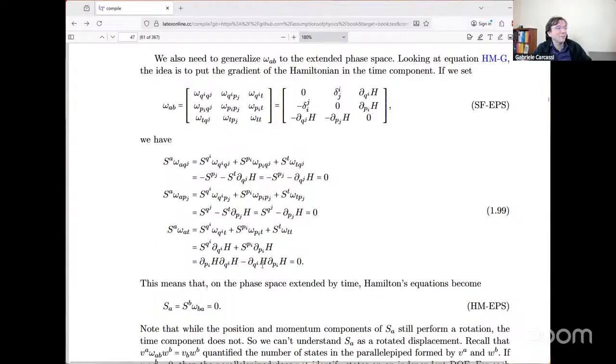These terms are the same, and it's equal to 0. So basically, the previous equation already implied that this is going to be 0.